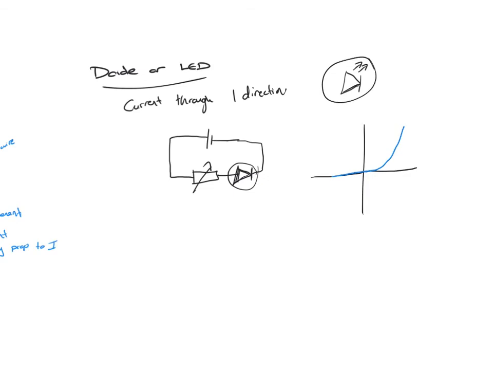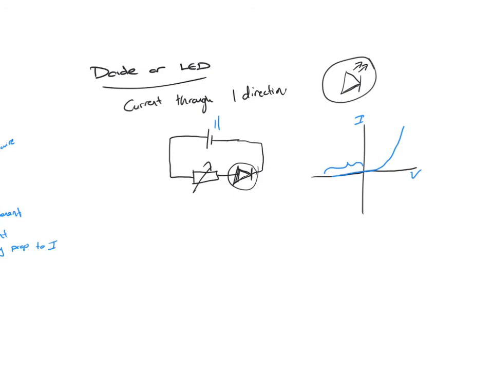Now, why is this section 0? Current is 0 in the negative potential difference, because if you connect the cell the other way around, current is not allowed to go through it.